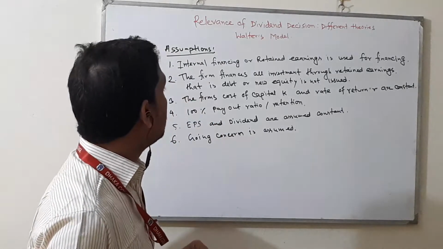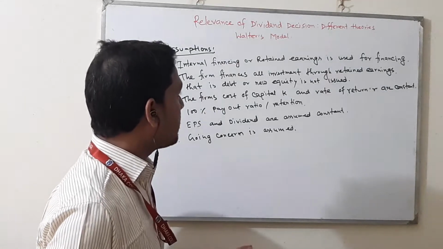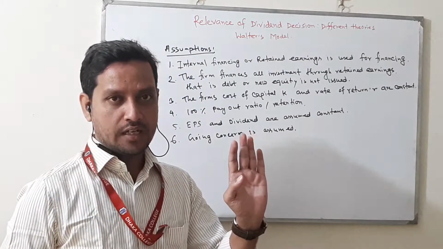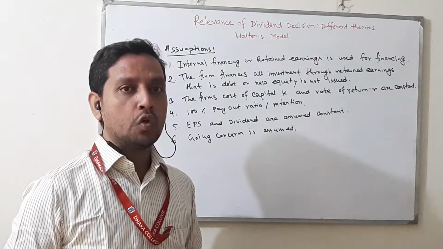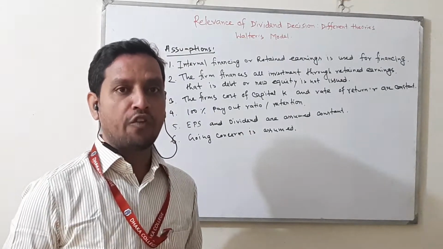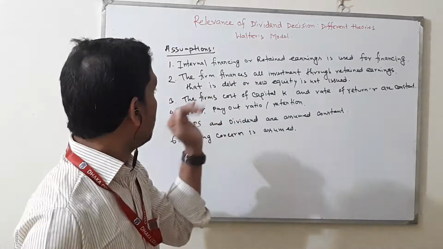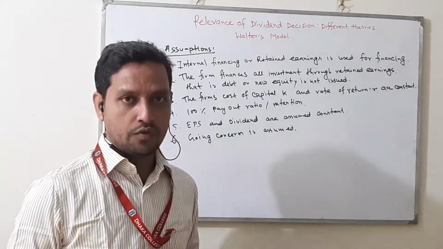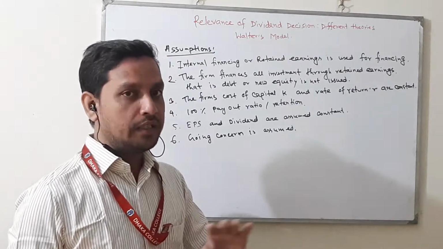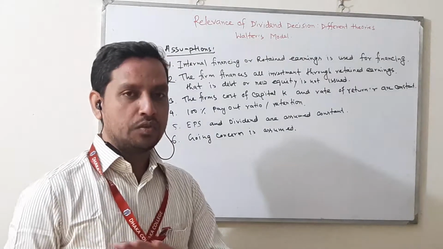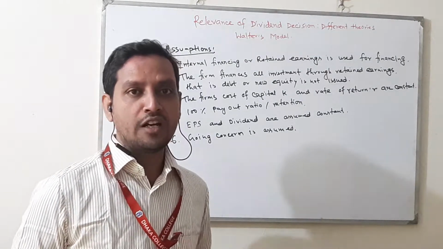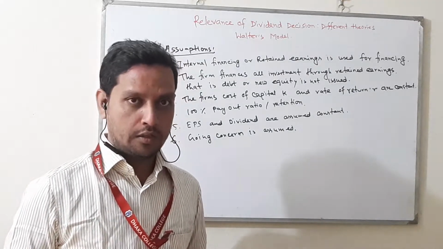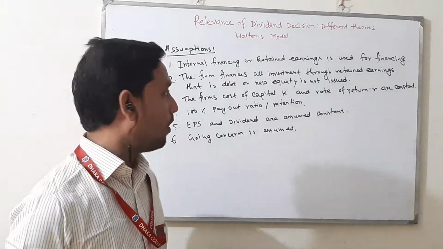Then two, the firm finances all investment through retained earnings, I mean through profit. That is, debt or new equity is not issued. So here there is no equity and no debt, just retained earnings, which will be invested in a new project or business.